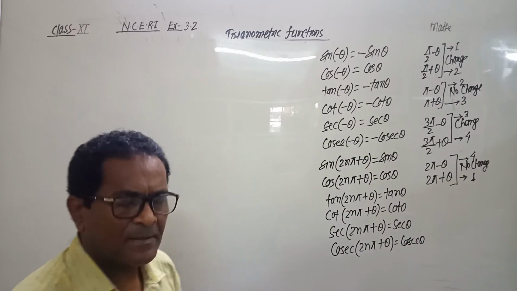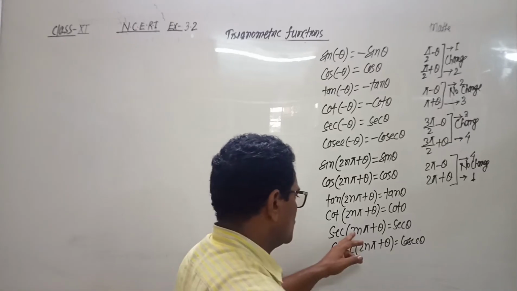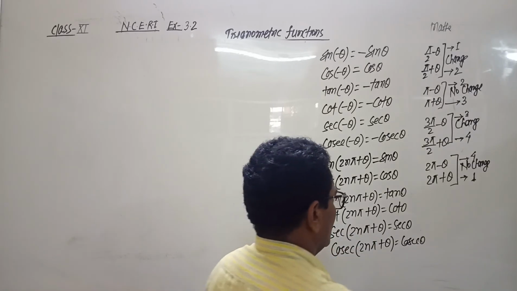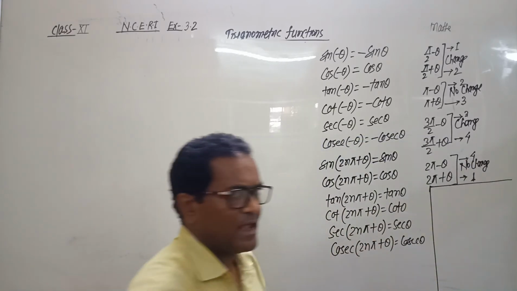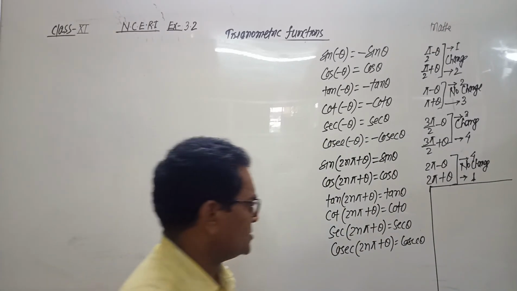So 2n pi plus theta means 2 pi is 360, so 360 multiplied by n, where n is a positive integer.